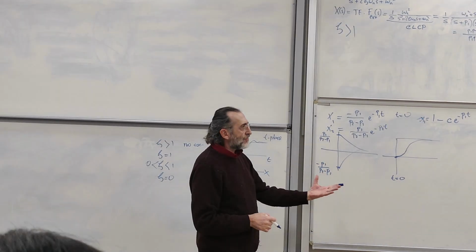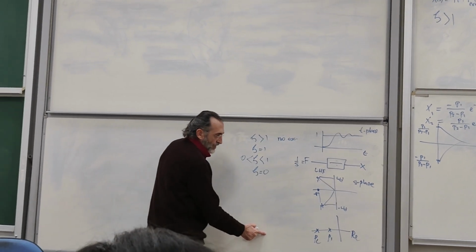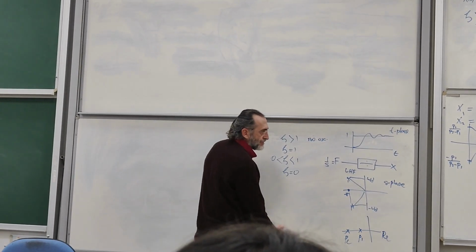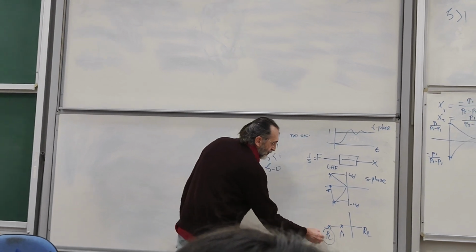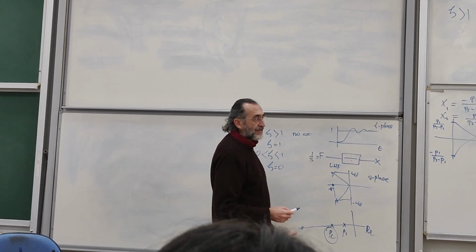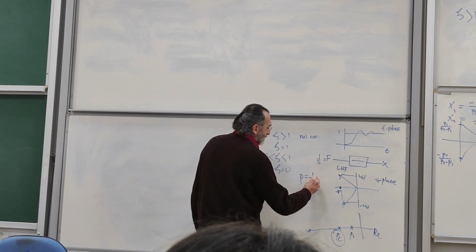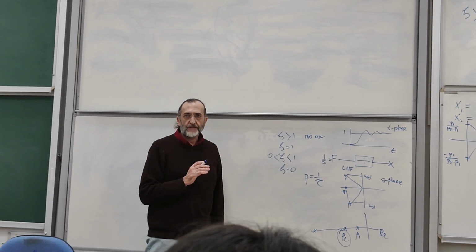And it depends on which one is the distant pole. Okay, if P2, for example, is too far from the origin, and remember that P2, the pole, is equal to 1 over tau, right?